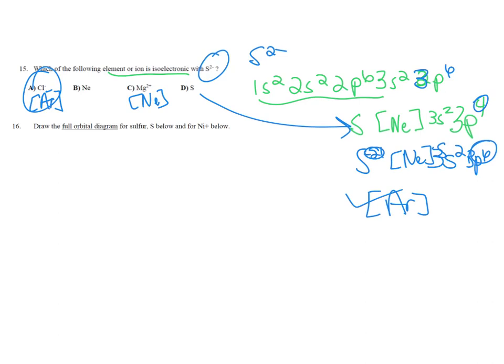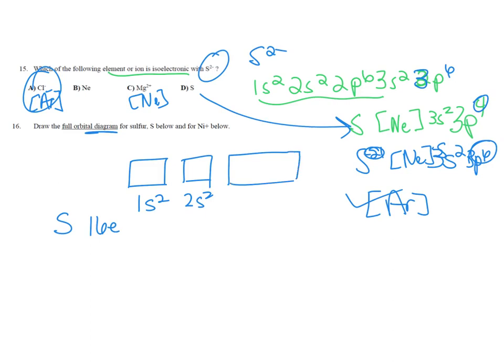Okay, so in open response, you're going to have to draw some full electron diagrams. So for sulfur, we just looked at that. Sulfur has 16 electrons, and then you'll want to do 1s2, 2s2, full orbital diagrams. You want all the boxes here. You're going to deal with 2p6.